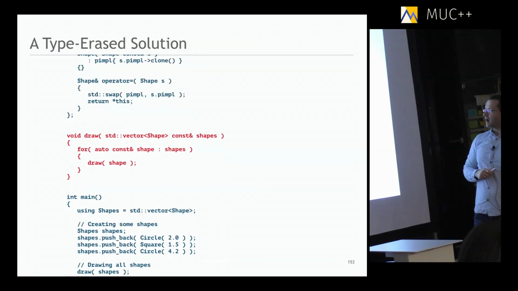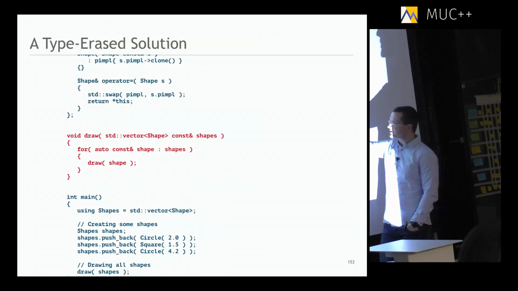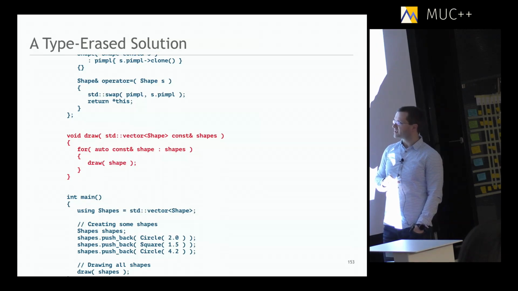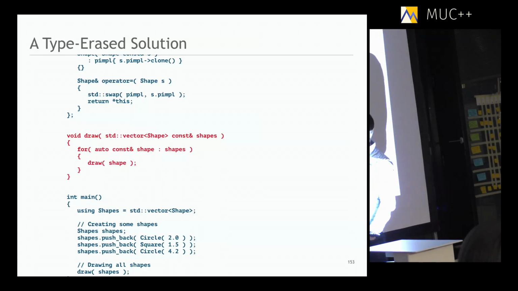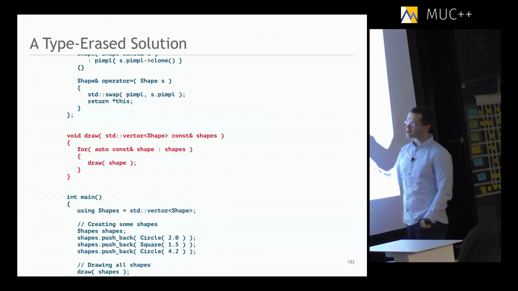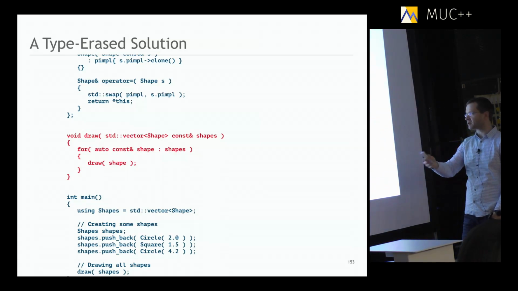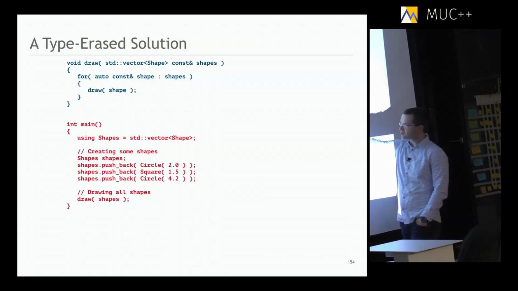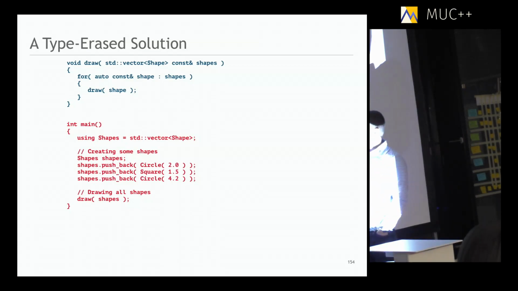Now, again, I work with a vector of shapes. Quite simple. I don't have pointers anymore. And this vector of shapes, this object, is something that I just use quite naturally. Okay, draw the shape, also from a language point of view, quite natural. In the main function, again, I create a vector of shapes. I push back different things.